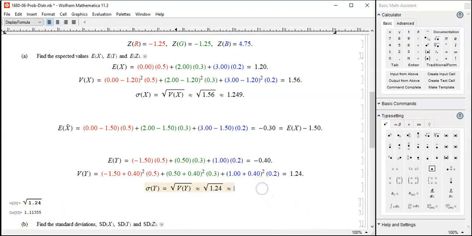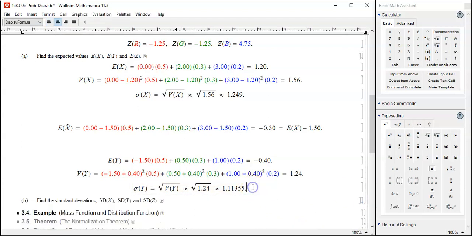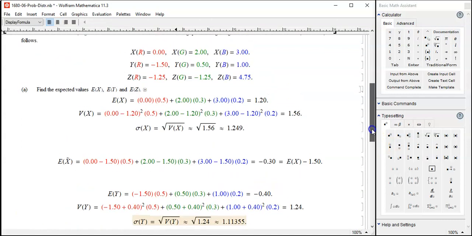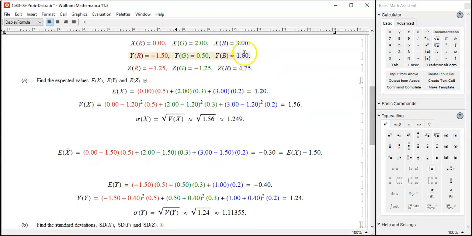Okay, this is what I got. That's the probability standard deviation of the second game. So let's compare the first game and the second game. Comparatively speaking, the first game has a little bit bigger standard deviation, so it's a little bit more dispersed. The second game has a little bit smaller standard deviation, so it has a little bit more concentration.